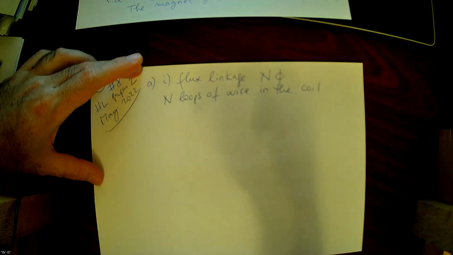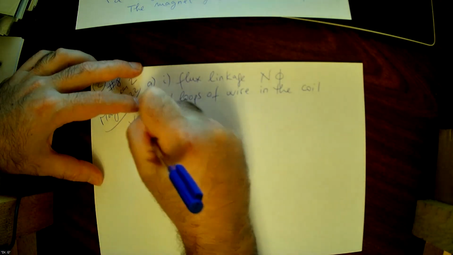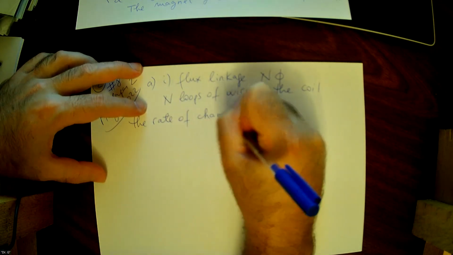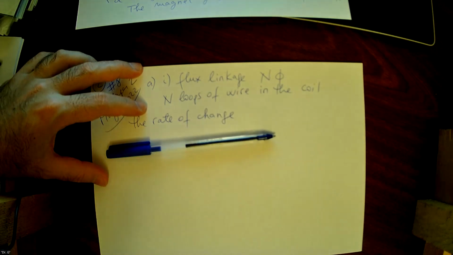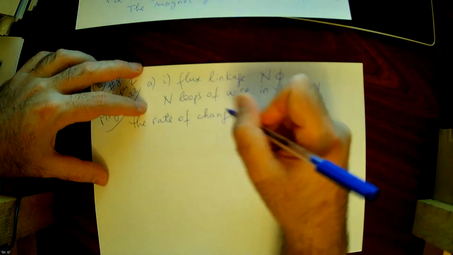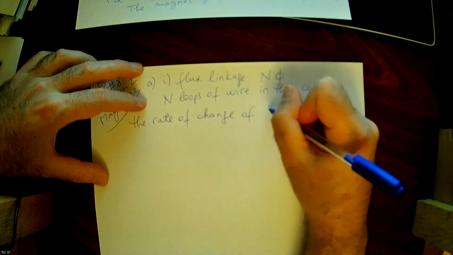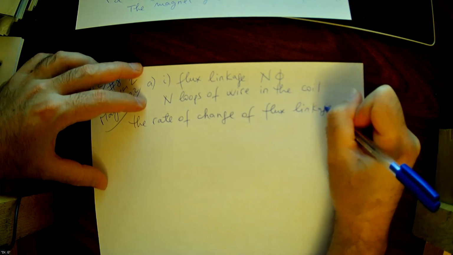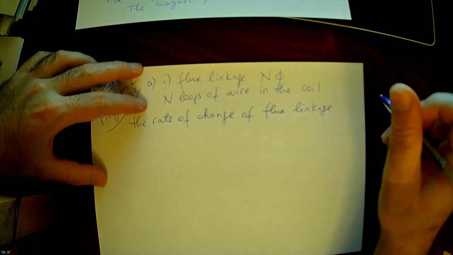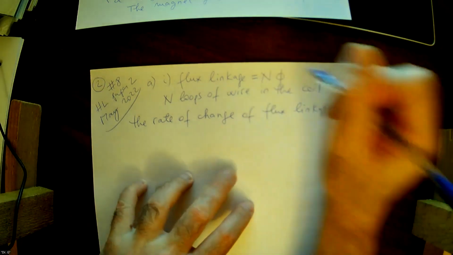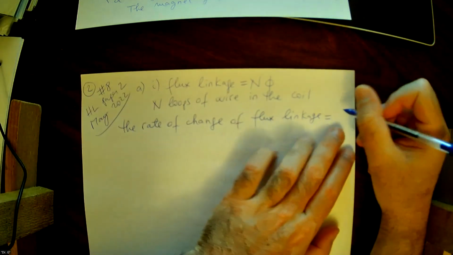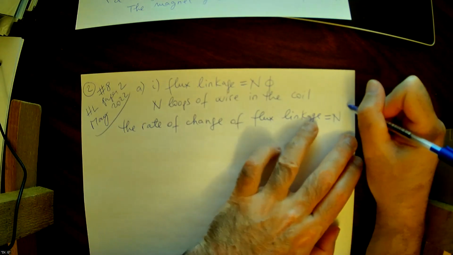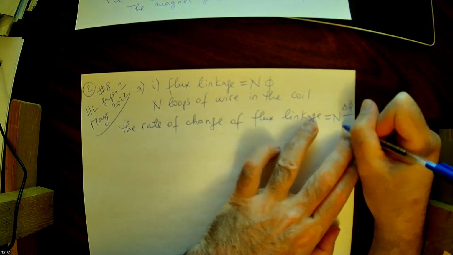And what is the rate of change? The rate of change of flux linkage. It is N times delta phi over delta t.